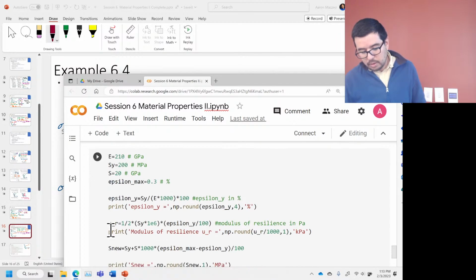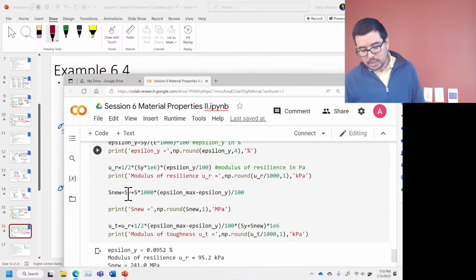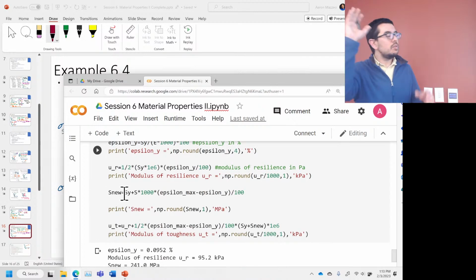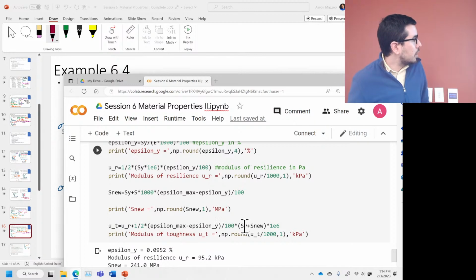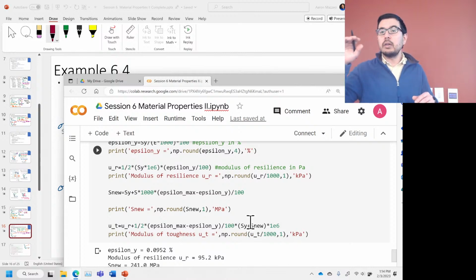So we had to calculate a new strength that we got up to, and we have to use 1/2 times the old yield strength plus the new yield strength. That gives us the average there, and then it times the distance between those two.